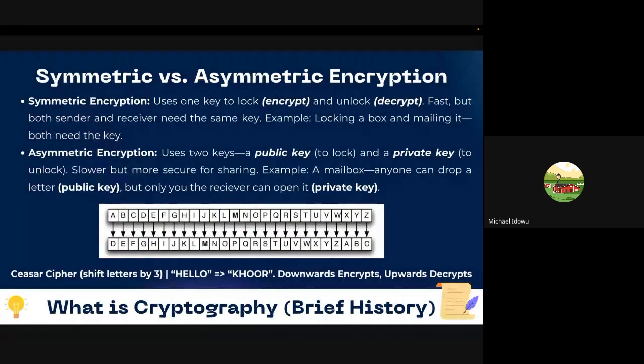While the asymmetric encryption works as a method of 2FA, whereby you have access to the public key, but you still need an extra factor of authentication to gain access to the account or whatever you are trying to decrypt. So that is why asymmetric encryption is more secure and more reliable than the symmetric encryption.